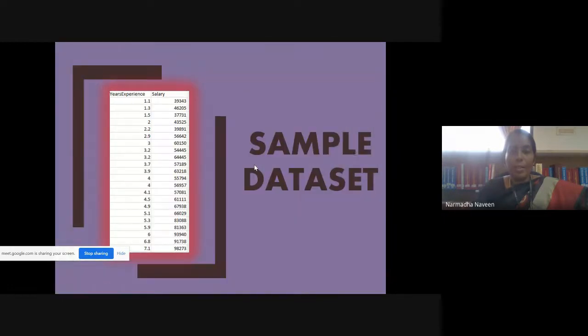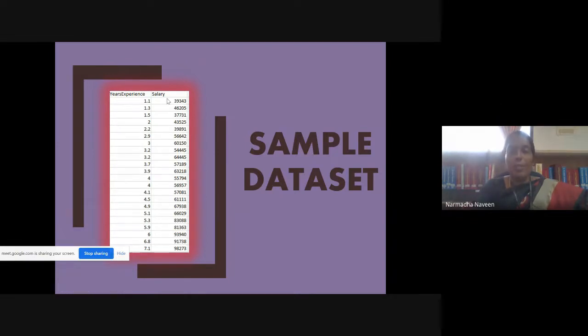To give the explanation, we'll take a simple sample data set. As I have told, this is a model that helps to model the relationship between one independent variable and one dependent variable. In this example, the independent variable is the years of experience, and the dependent variable is the salary.